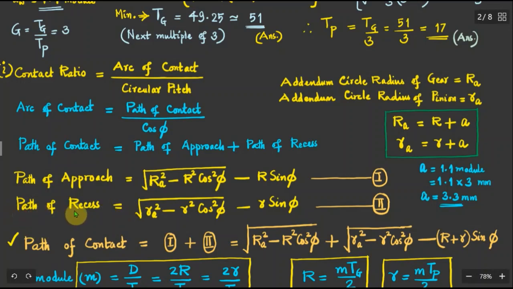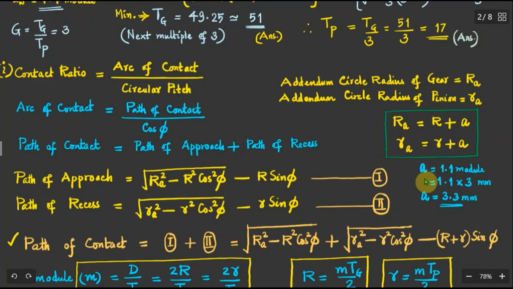Path of recess is given by square root of small ra square minus r square cos square phi, minus r sin phi, where small r suffix A is the addendum circle radius of the pinion. The addendum circle radius of the gear, capital R suffix A, is found by adding the addendum to the pitch circle radius of the gear wheel, that is capital R plus A. So small r plus A is equal to small r suffix A, that is the addendum circle radius of the pinion.